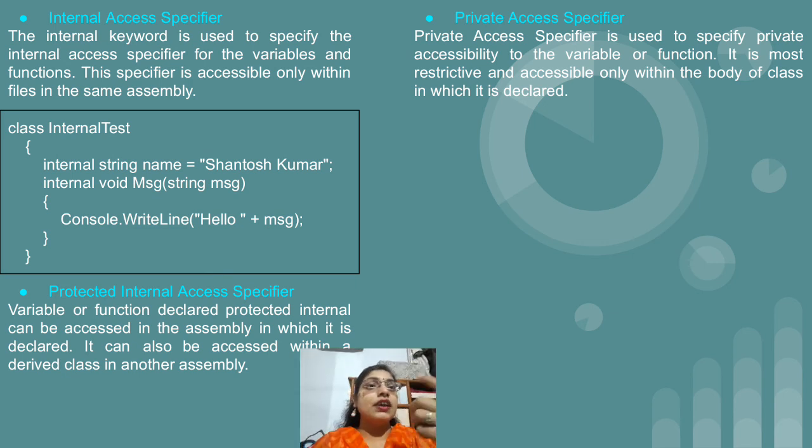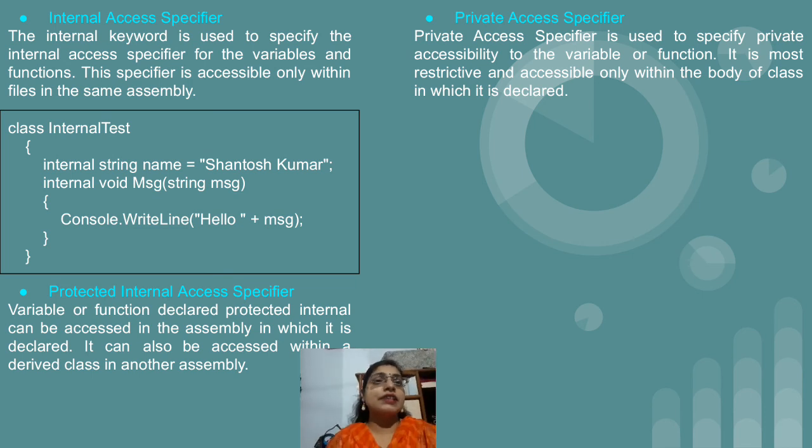So definitely the inheritance concept is there. In the derived class we can access the member even though that derived class is part of another assembly, another namespace.